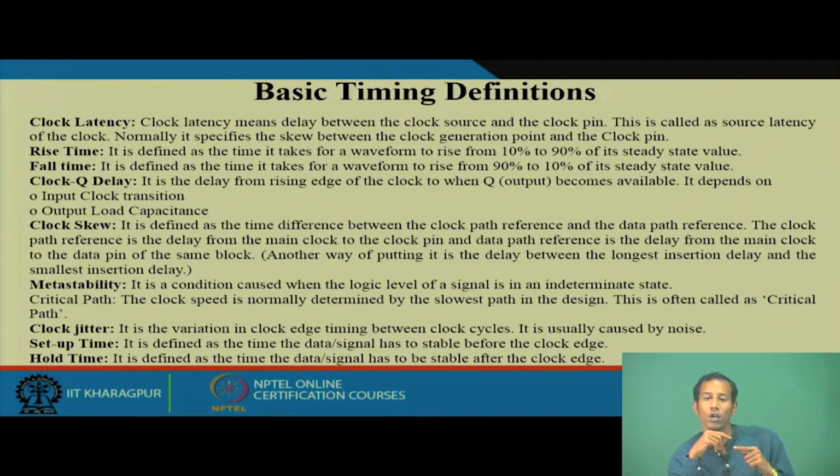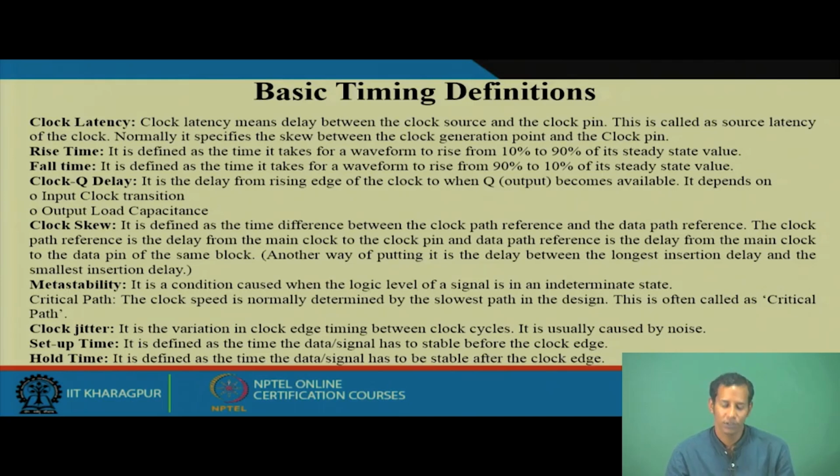From the clock, which is the input pin, to the output, the time it takes is the delay of that particular register, known as clock to Q delay. If one register is connected to several loads, then depending on the loads, this path will take more time.